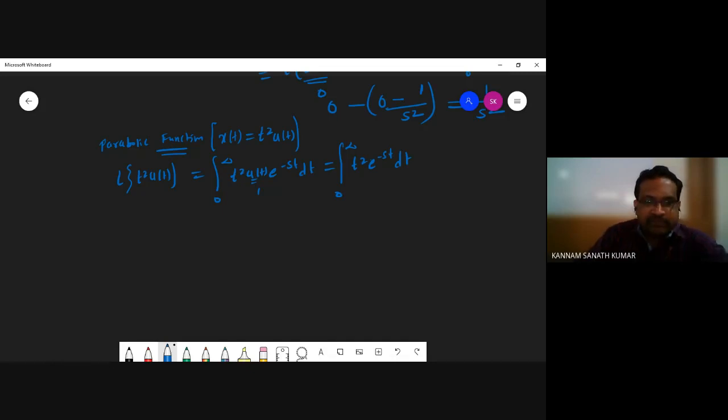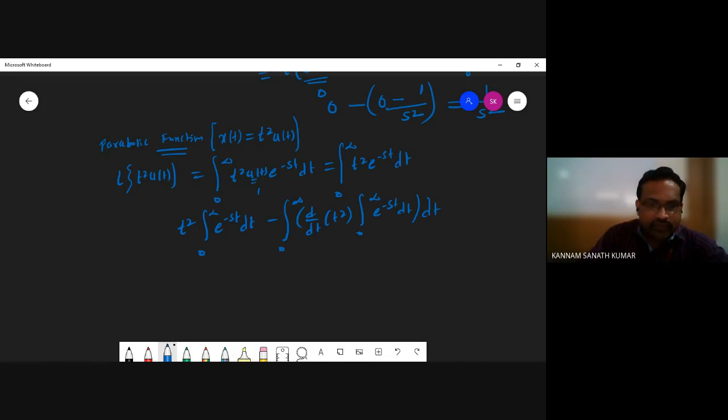Again, if you apply integration by parts, t square into integration of 0 to infinity e power minus st dt, minus integration of 0 to infinity d by dt of t square, integration 0 to infinity e power minus st dt, whole dt.